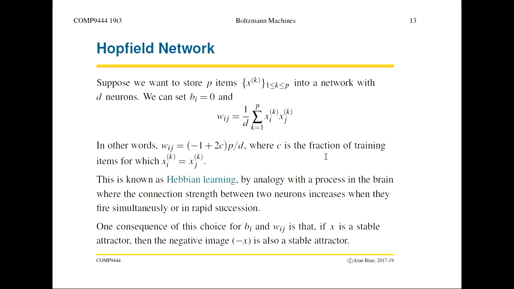So this expression counts the number of images for which those two pixels are the same, and then subtracts off the number of images for which they're different. So the higher subscript in brackets is the image, and this one is the pixel.